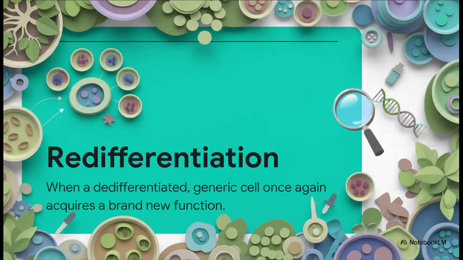And wrapping up the terminology, we have redifferentiation. This is when that recently de-differentiated generic cell acquires a brand new function. It can be completely reprogrammed. And this highly dynamic ability to assign, remove, and reassign cell functions is exactly the fundamental concept that makes things like advanced plant tissue culture, cloning, and modern biotechnology even possible today.